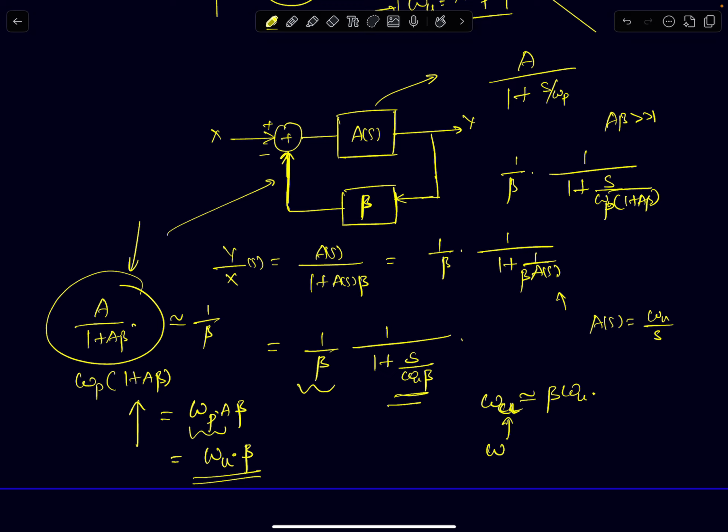This is the 3 dB closed loop bandwidth. Because it's a single pole system, I am using the word 3 dB bandwidth, and it is equal to beta times omega u. So the closed loop bandwidth depends upon two things, the feedback factor beta and the UGB of the op-amp. You'll have to keep this in mind when we are analyzing the different op-amp based circuits.